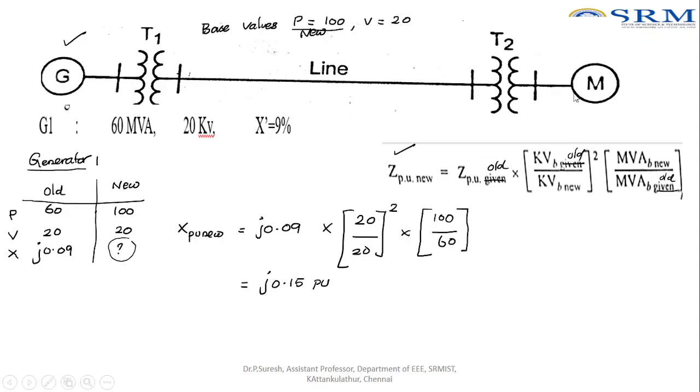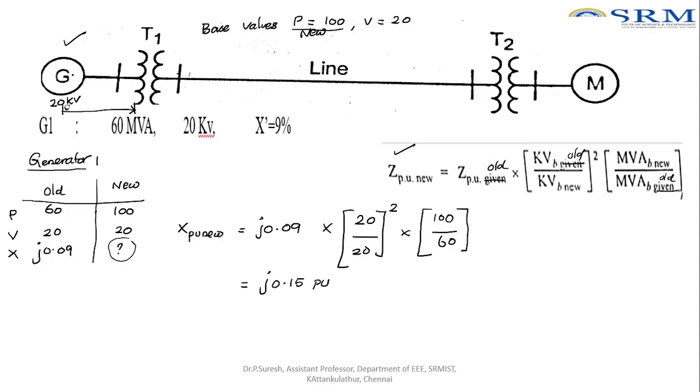For the motor, 100. So for all the components, the new value of power is 100. But whenever the transformer comes, the new value of voltage is going to be changed. For instance, if we take the generator, the new value of voltage is 20 kV. So this new value of voltage will be available up to the primary of the transformer.